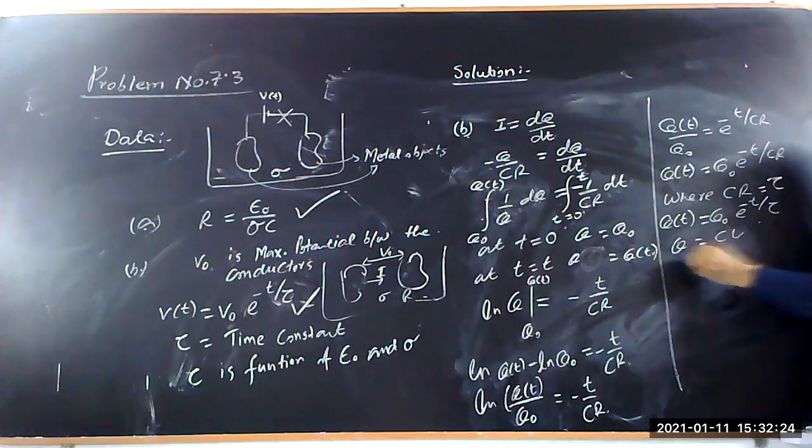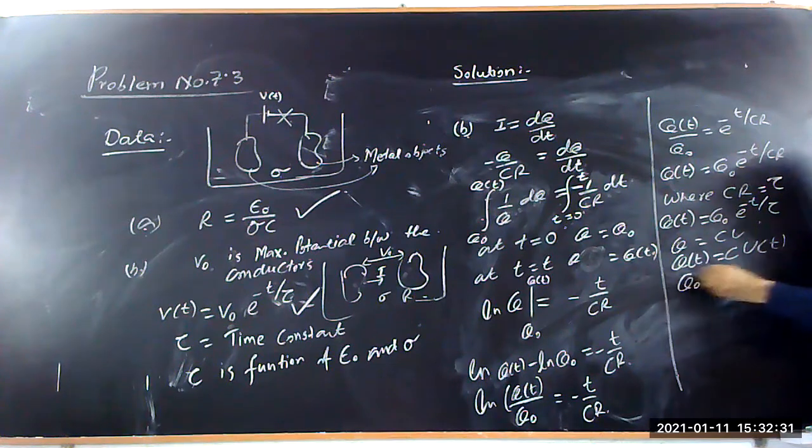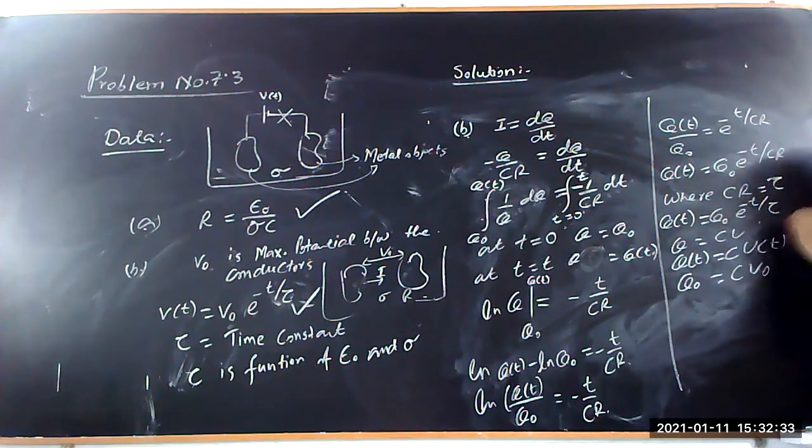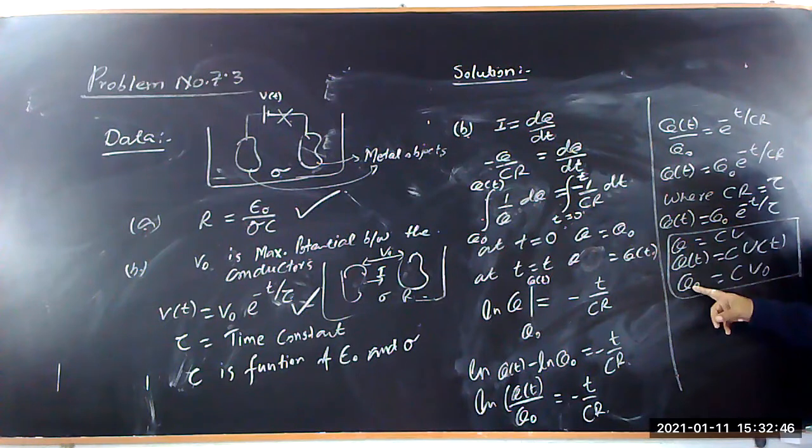You know that q of t is equal to C V of t, and q naught is equal to C V naught. These are the two main fundamental equations. It means q is a function of potential. When q is a function of time, then v must be a function of time. When the charge is maximum, then the voltage will be maximum because C is a constant.